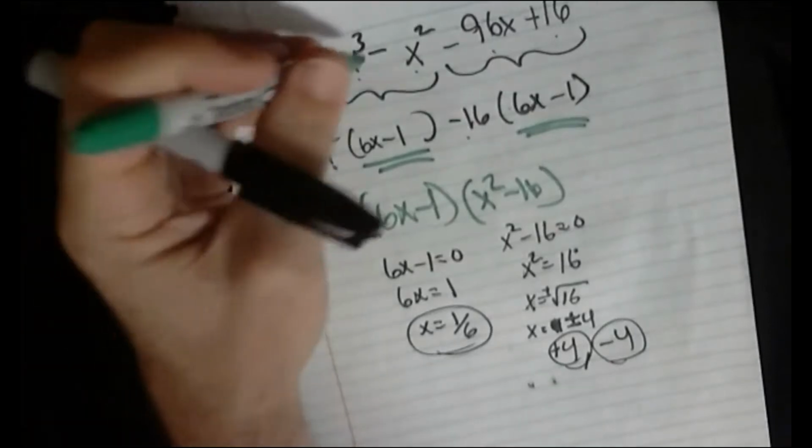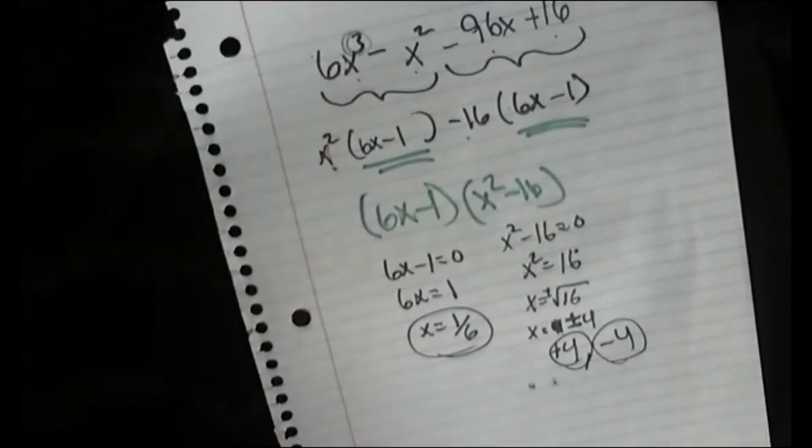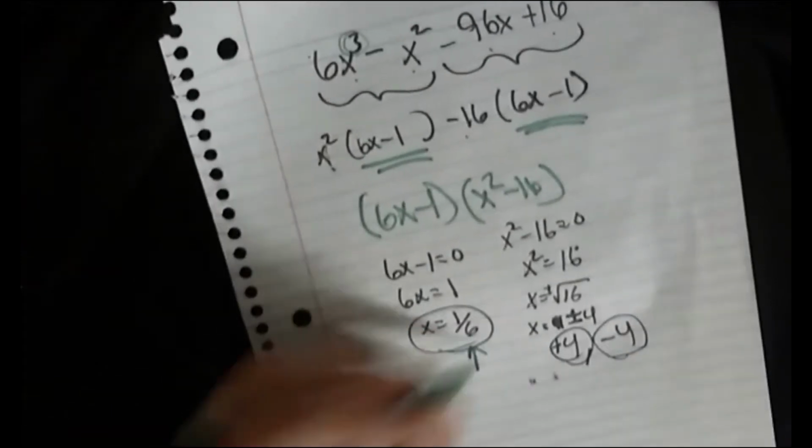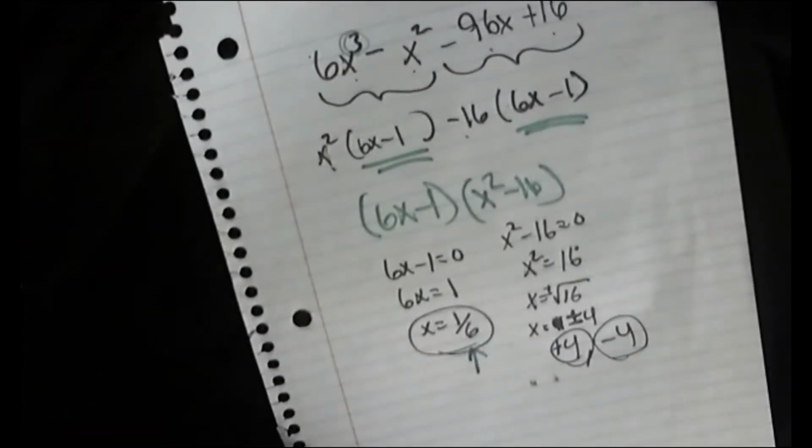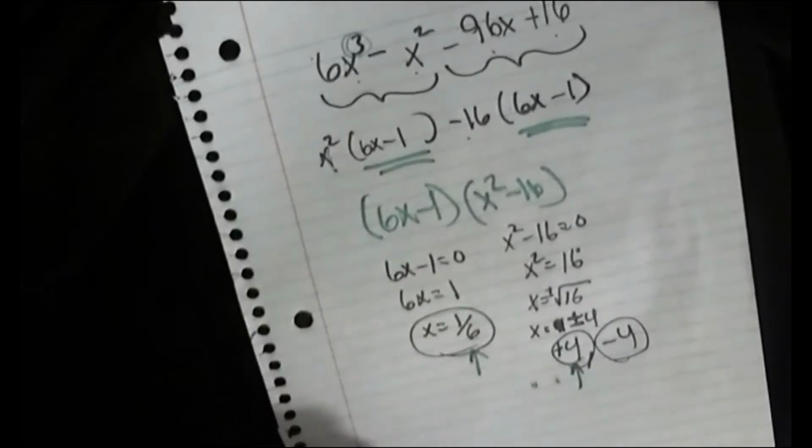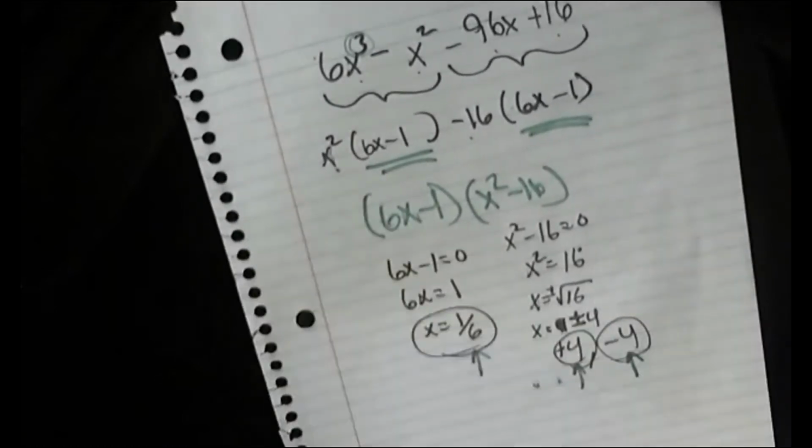Which again, makes sense. If this is a cubic function, I should have 3 zeros. So I got 1 over 6, I got positive 4, and I got negative 4. And that's going to be the hardest part of this particular unit, but that's what 4.1 is basically about.